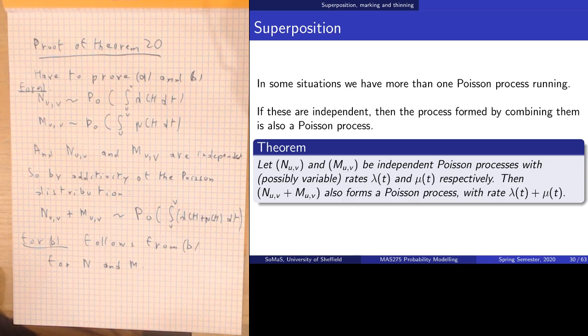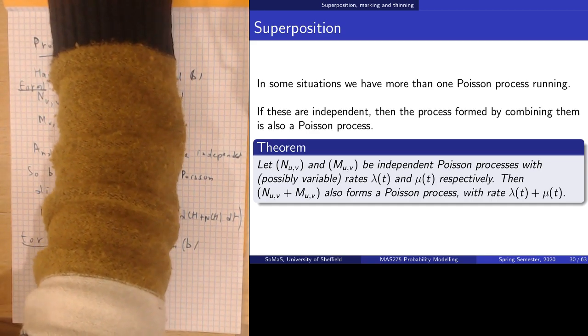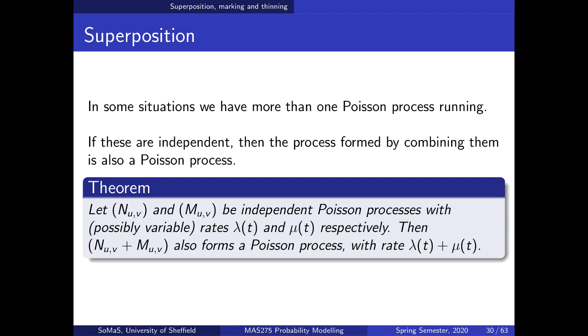Same thing for M. So if we add everything together, different disjoint intervals are still mutually independent. It's not worth writing down. Okay, so this is superposition. Add up independent Poisson processes and you get a Poisson process with larger parameter. No surprise.